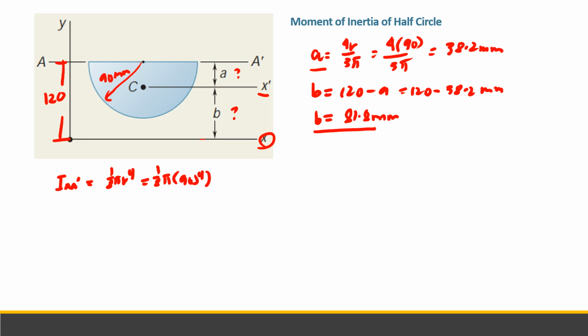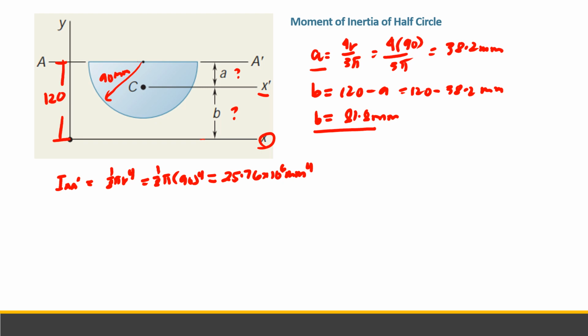So this is then equal to 25.76 times 10 to the power of 6 mm to the power of 4. So that is the moment of inertia with respect to the base or the AA prime.